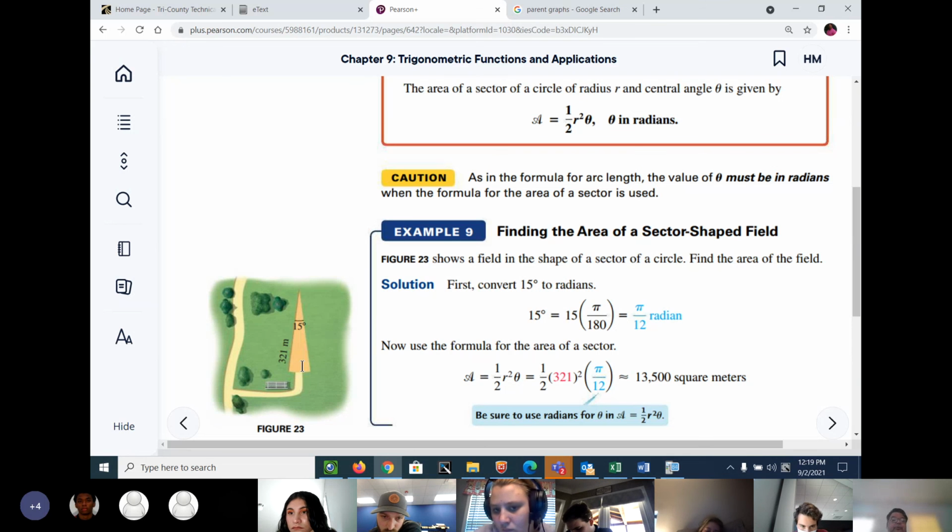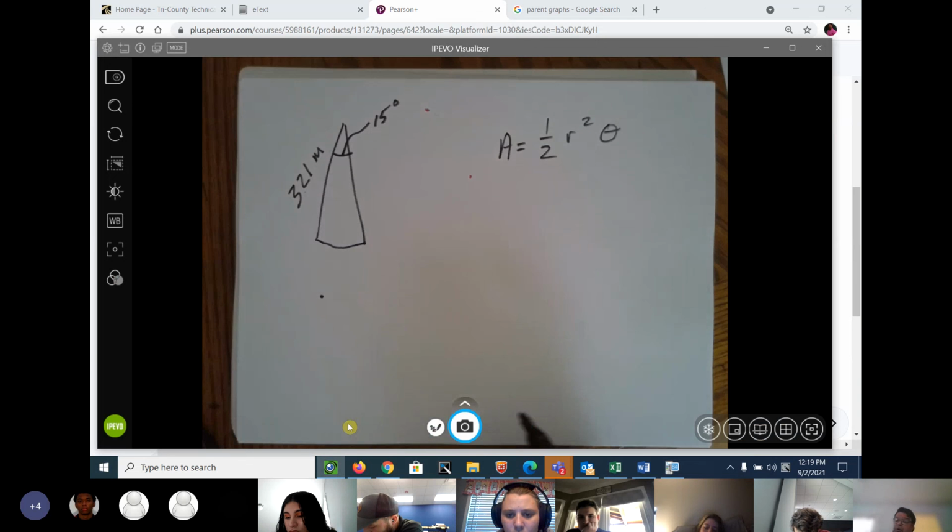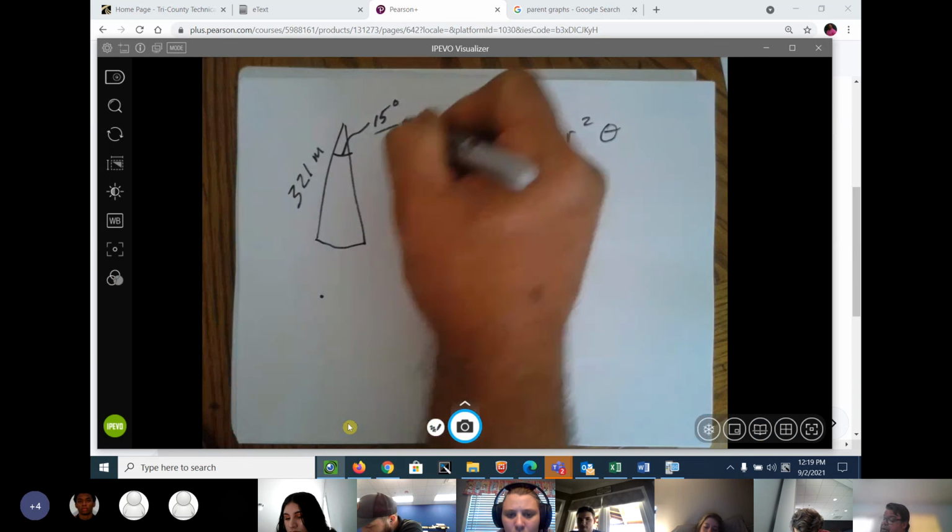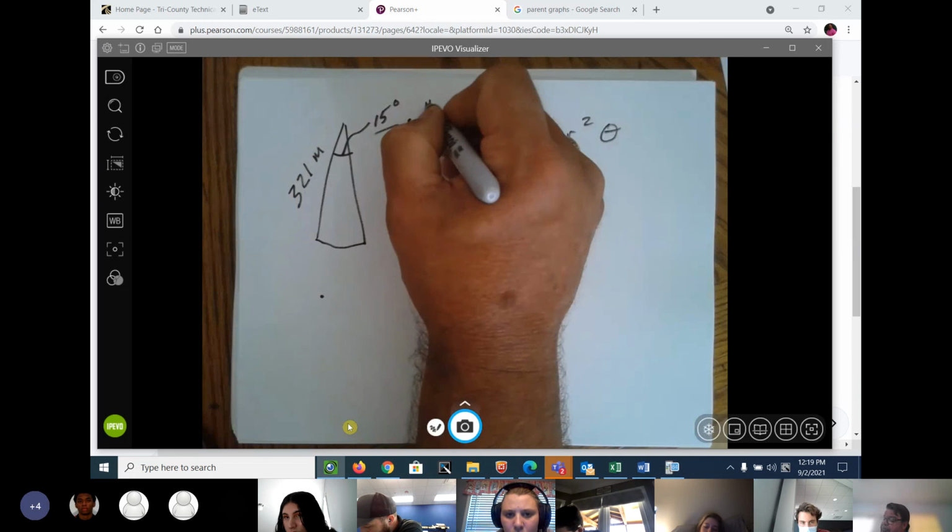It's got a curve. The radius is 321 meters, and the angle is 15 degrees. And our area is equal to 1/2 r squared theta, and theta is in radians. So the first thing I'm going to do is change 15 into radians.